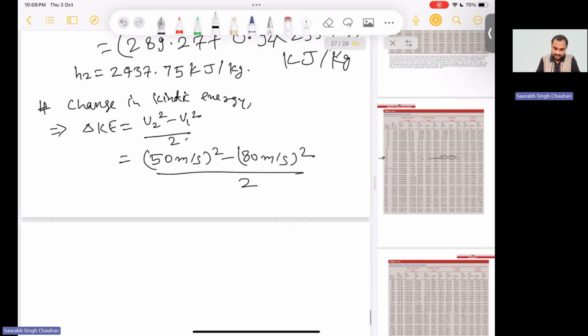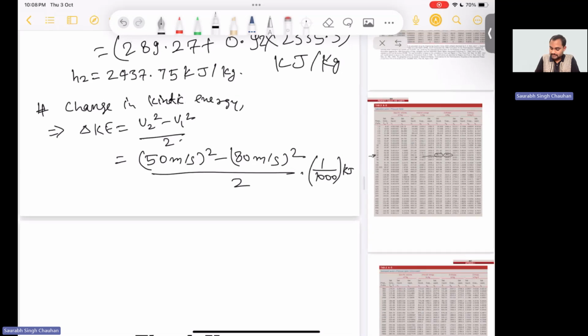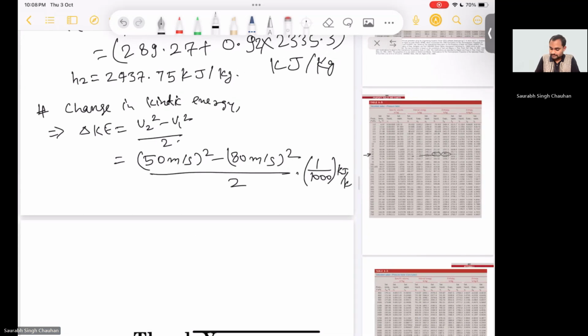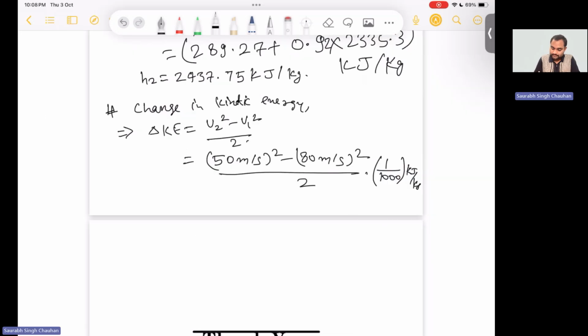Since this is in meter per second and we want to convert into kilojoule per kg, you divide by 1000.